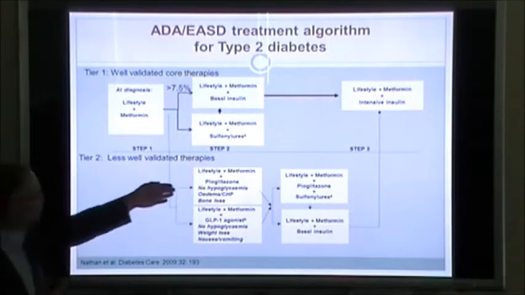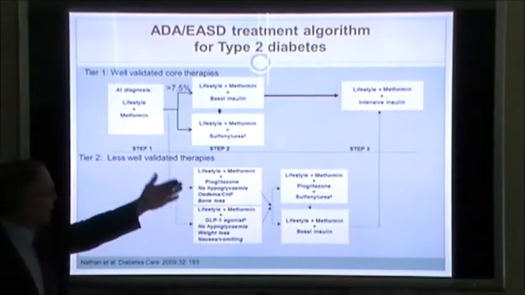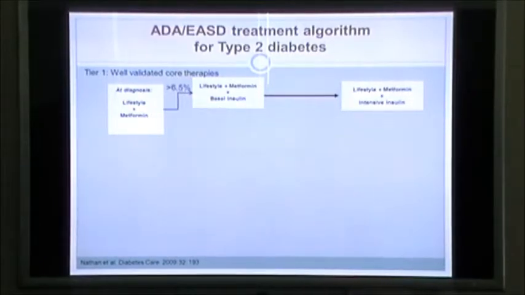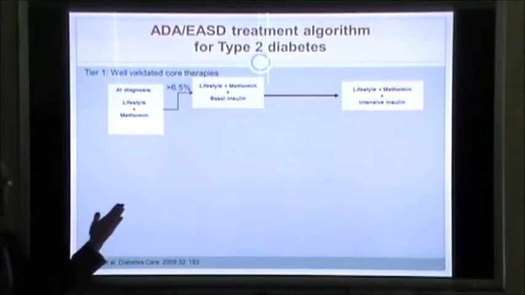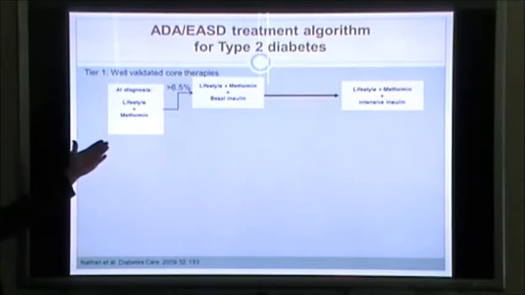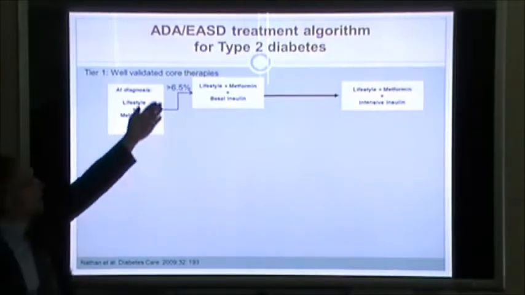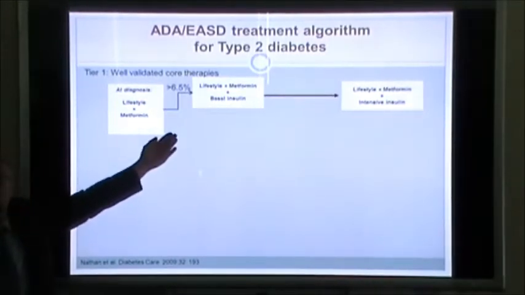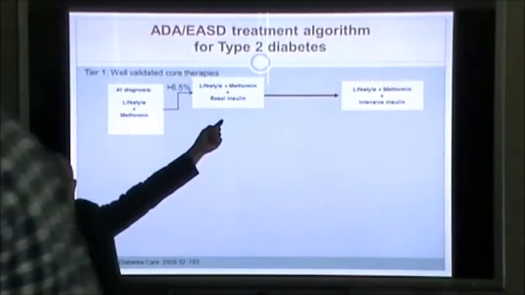And if you want to, you could add pioglitazone, you could add a GLP-1 agonist for a variety of special cases. But let me propose to you that what we need to do in pediatrics is what most of us are already doing, and that is something very simple. Lifestyle plus metformin at diagnosis, A1C greater than 6.5%, maybe even lower, you add basal insulin.